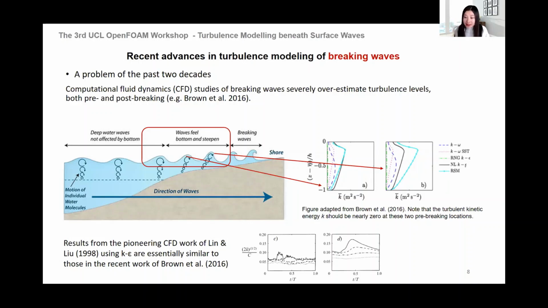However, despite the great advances in computational power over the past 2 decades, the practical turbulence modeling of breaking waves, especially in the complicated surf zone, has remained relatively stagnant, with very little progress since 20 years ago.